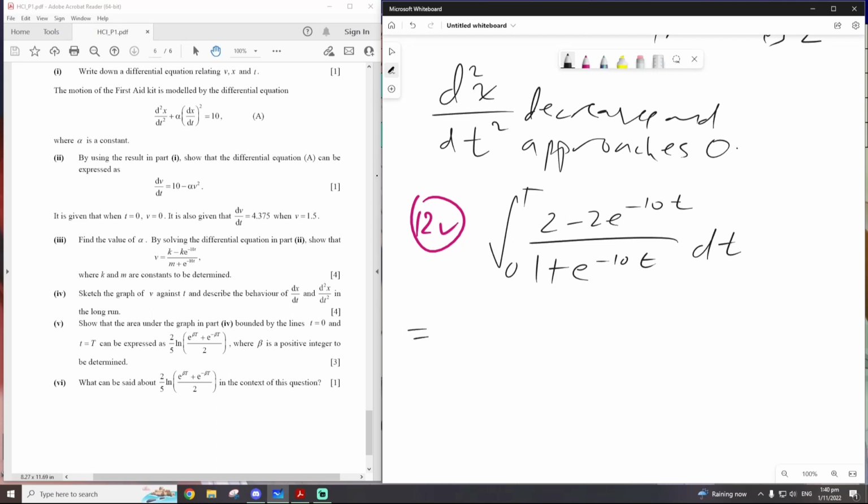Well, there are a few ways you can integrate it, but pretty much every way is the same approach. We want to use f'(x) over f(x). So one possible way is to consider writing it in the form of a constant and something that we can find.